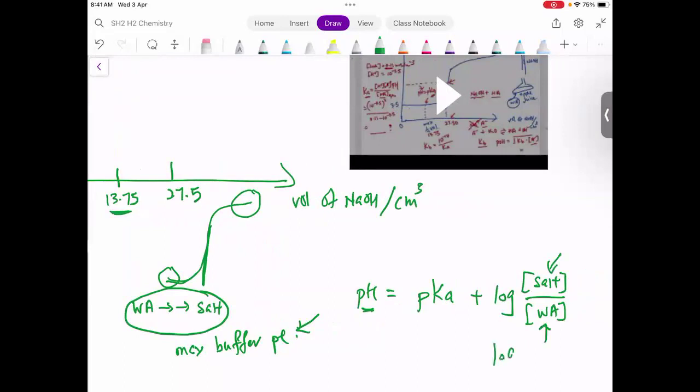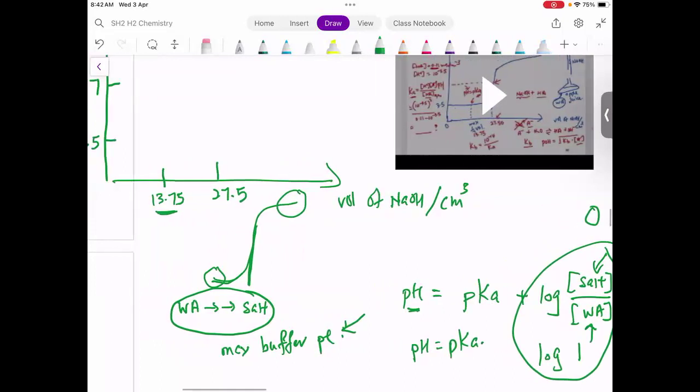So it's essentially logarithm 1, and the whole log term becomes 0. So at that point, pH equals pKa. Do we have the Ka value? We don't have the Ka value, therefore we have to calculate the Ka value for this question.